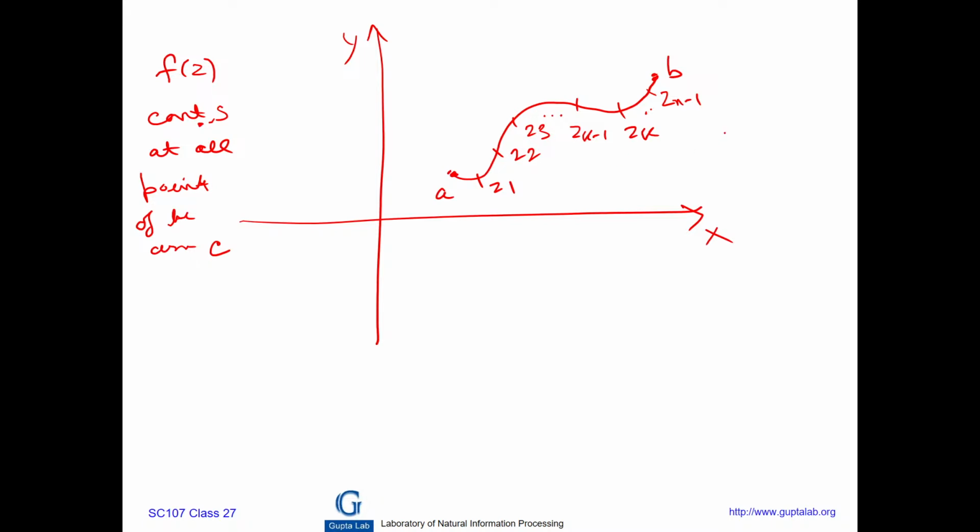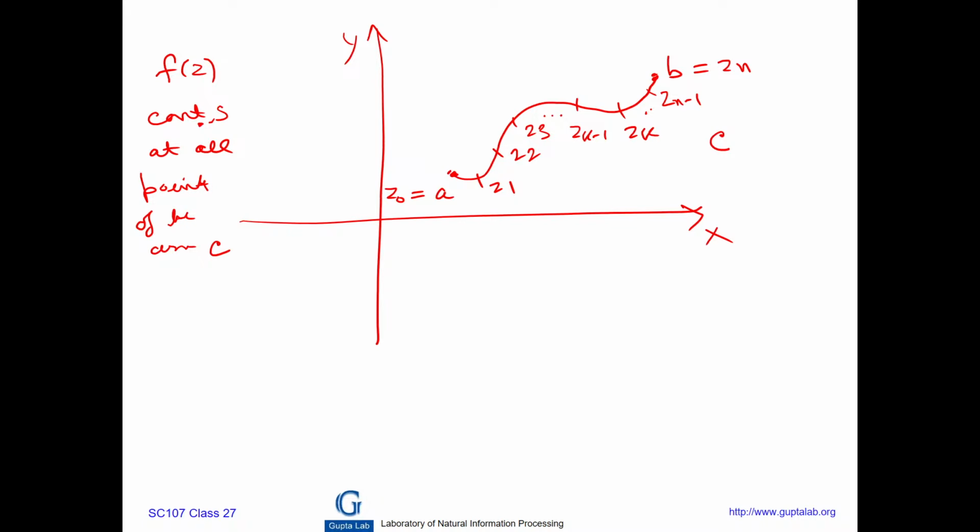This is our curve C, and we call z0 equal to a and zn equal to b, and we divide it into a couple of subintervals.